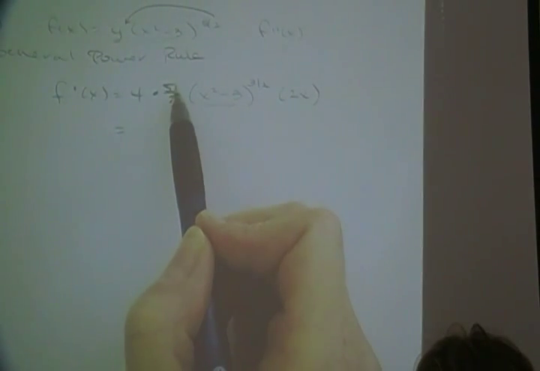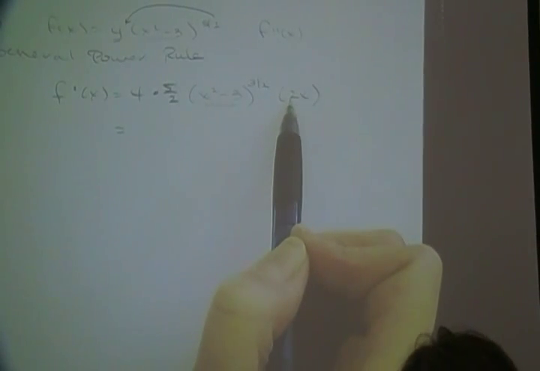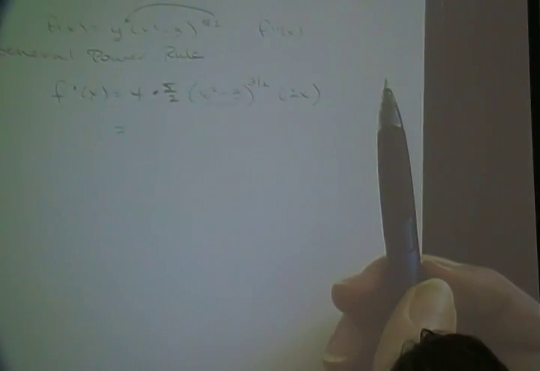So there's my general power rule, and I end up with having a 4 and a 5/2 and a 2 that I need to multiply up. To simplify this a little bit, that's 20 divided by 2 times another 2. So that is 40 divided by 2, 20 in the end. Yeah, that wasn't too hard.